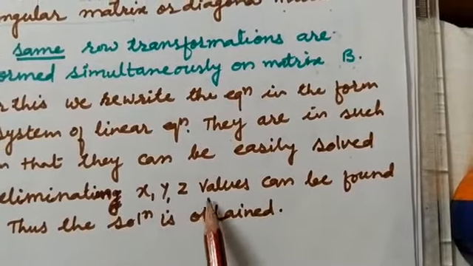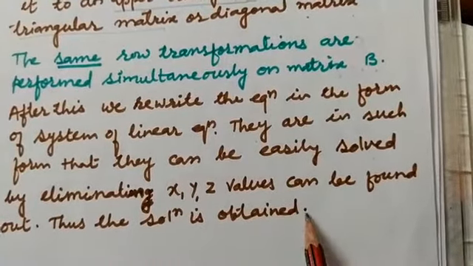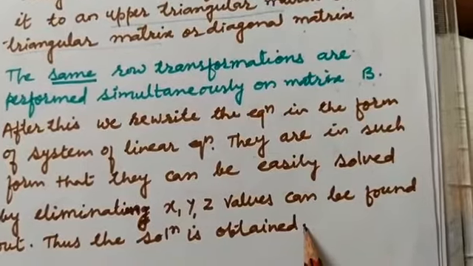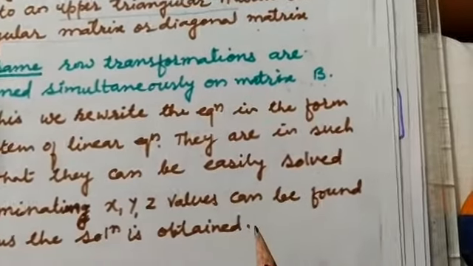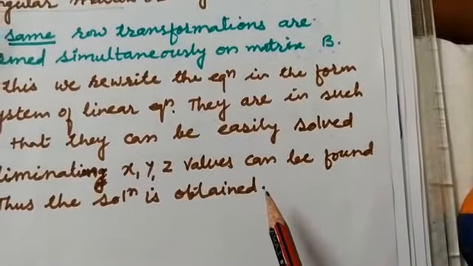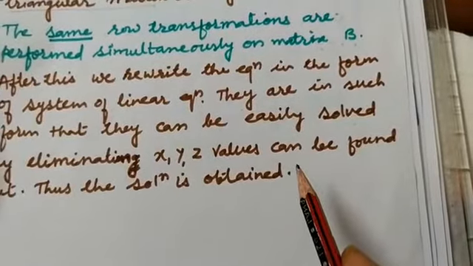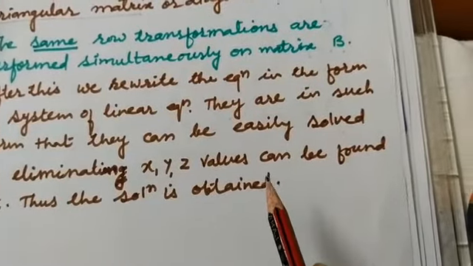Then the x, y, z values can be found. Thus the solution is obtained. These are the particular steps of the reduction method. Then we will see how actually we can solve the problem by the reduction method. It's a very simple and easy method.